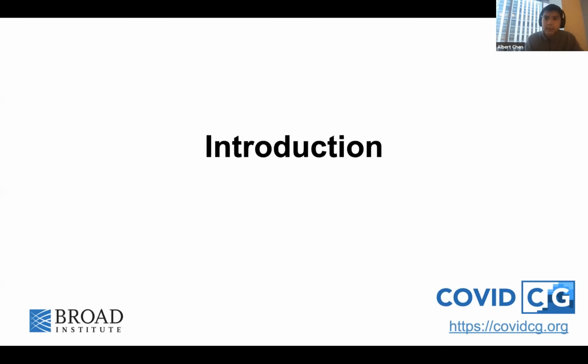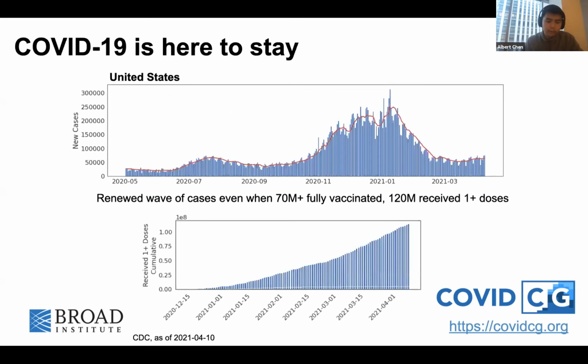Starting out with some introduction on COVID-19. So COVID is not going away. There's a wide range of predictions last year, but I think it's clear now that we won't be out of the woods for a while. I pulled this data from about 2 weeks ago, so it's a little bit out of date, but even with 70 million Americans fully vaccinated and 120 million receiving their first dose, we're still at a rate of about 50,000 new cases per day.